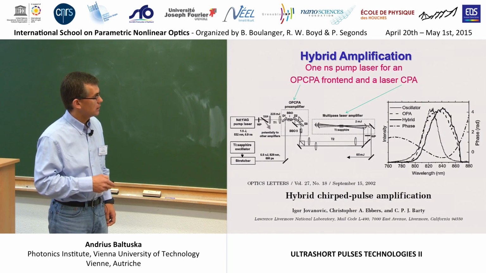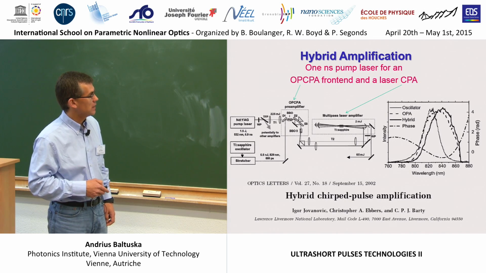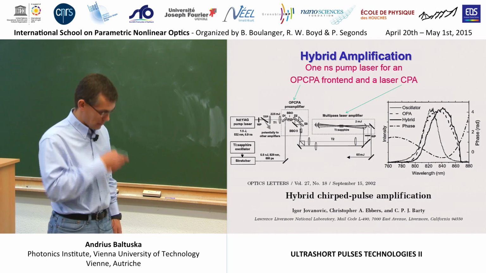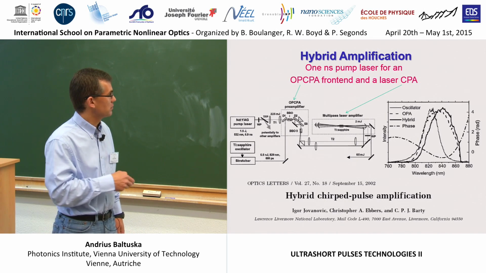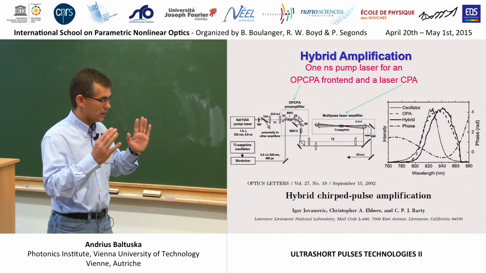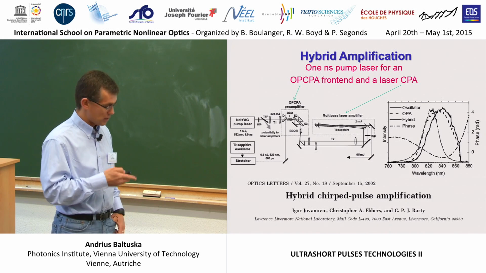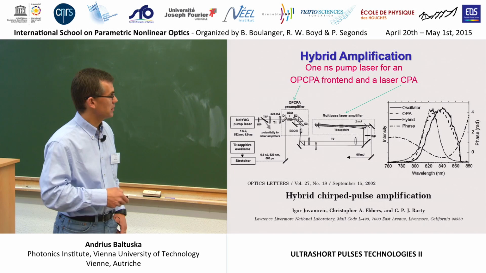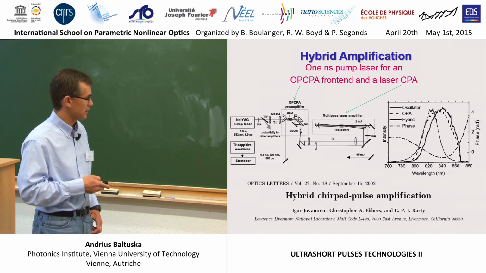And it has proven to be very useful because without the use of this broadband preamplifier, they got a narrow amplified bandwidth, and by building in this preamplifier, they broadened the bandwidth quite significantly.